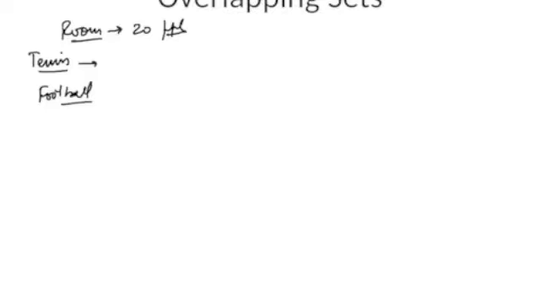Let's start with overlapping sets. Let's take a simple situation. There is a room which consists of a total of 20 people. Some of them play tennis, some of them play football. Let's say I call all the people who play tennis out. Let's say that number is 10.